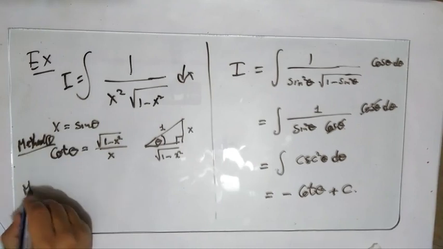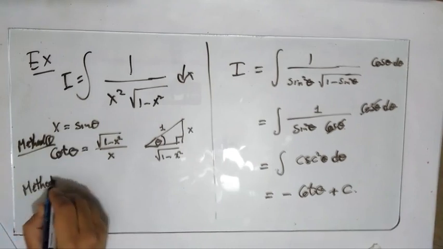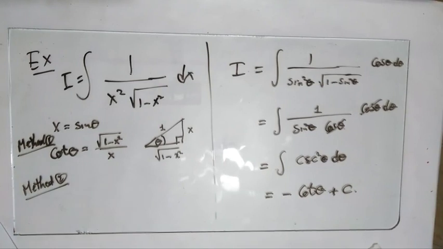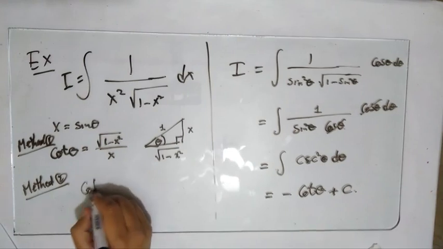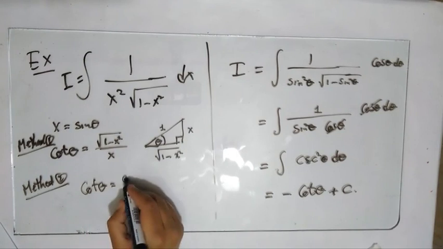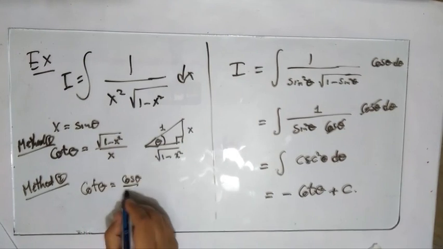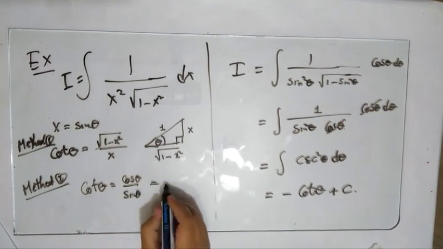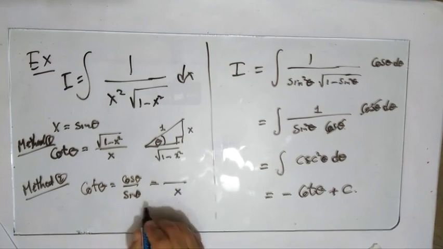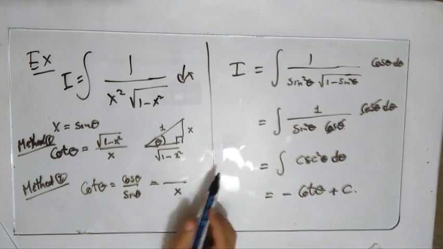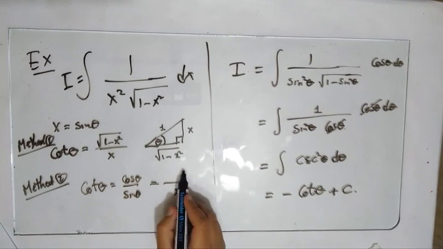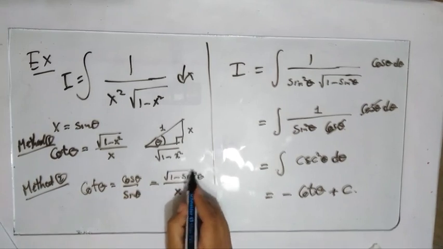This is the first method. The second one is to use the identities of the trig functions. We know that cotan theta equals cosine theta over sine theta. We know that sine theta is x, and cosine theta is the square root of 1 minus sine squared theta.